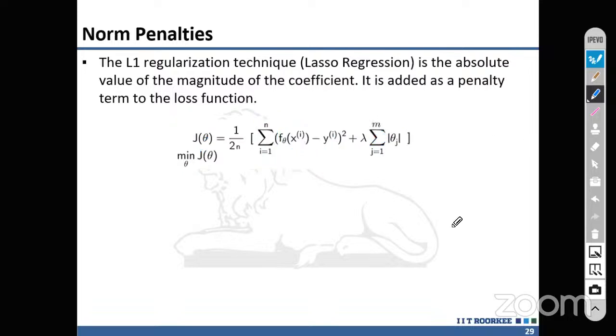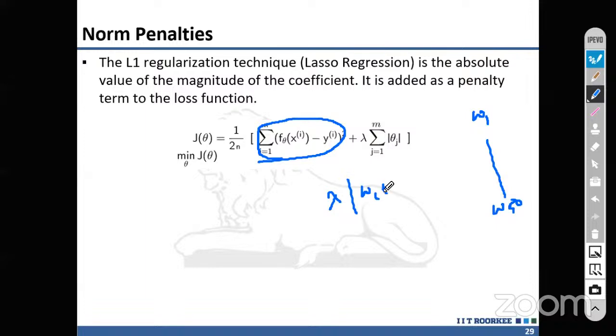Now, instead of these loss functions, we add another term. For example, whatever W's you have, if you have W1 to W50, we add lambda times the summation of all these values: W1 plus W2 plus W3 and so on.